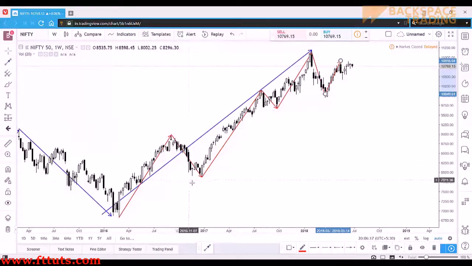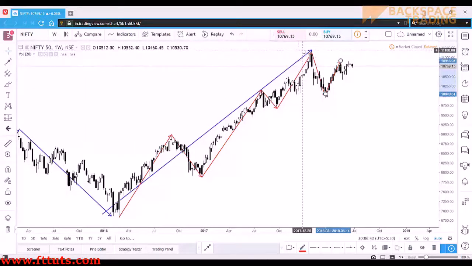So what you can see is the blue line. Please take note, the blue line was drawn on the monthly chart, but if we break down into weekly, we can see a series of other waves. You know, the big wave has smaller waves in it.